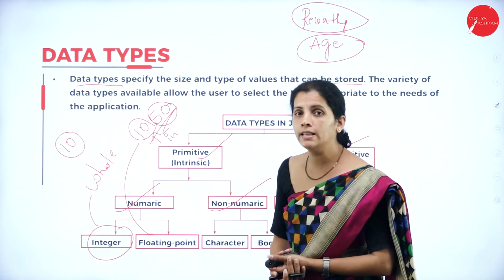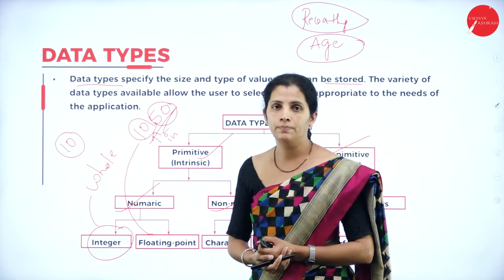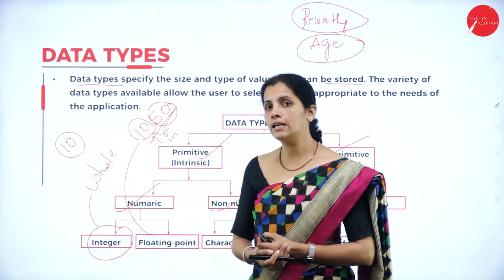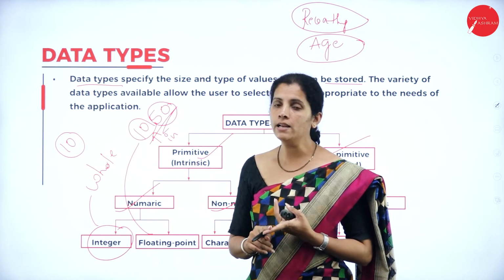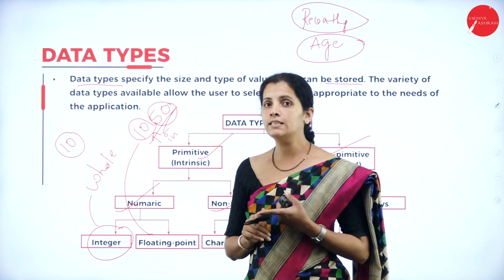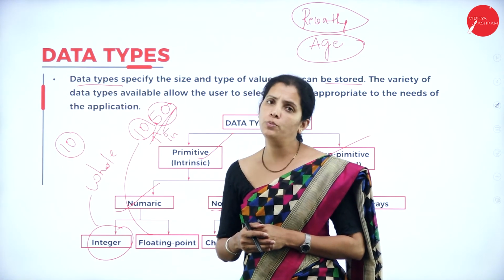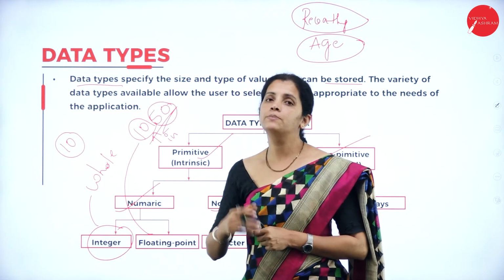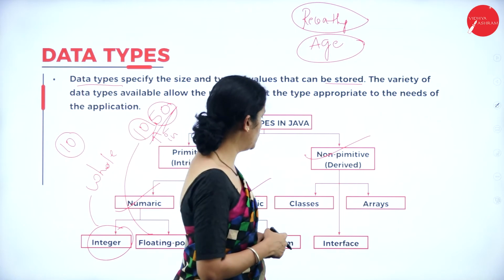Then I am going to have non-numeric. These non-numeric data types are classified into two types: character and Boolean. Character in the sense one character at a time. Then what about Boolean? Here Boolean is mainly used to represent true and false values.